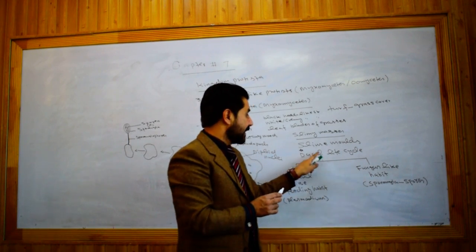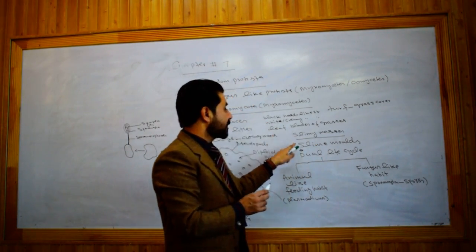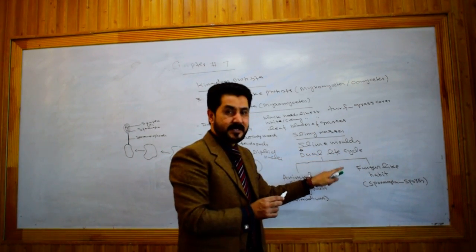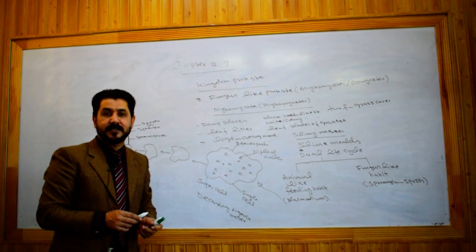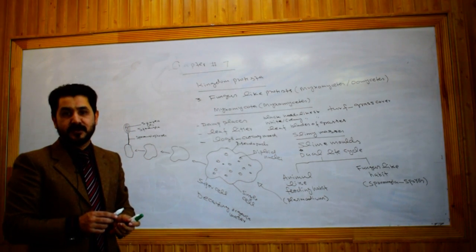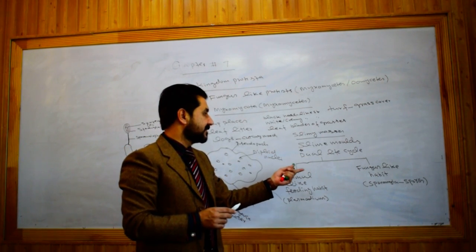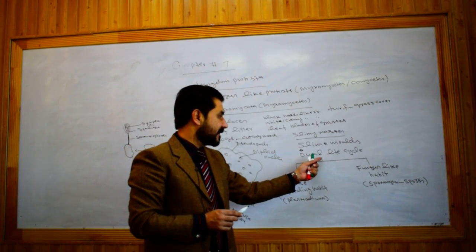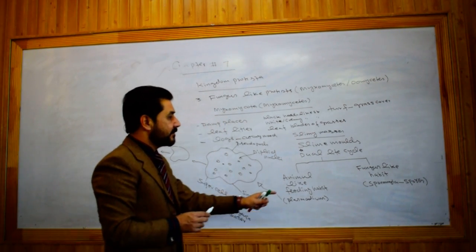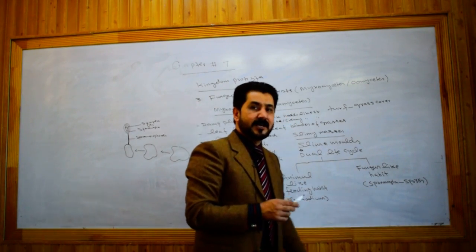That is why we can say that slime molds, the members of myxomycota, show a dual life cycle, and because of this characteristic they are excluded from the true fungi, because true fungi never show this type of habit, that is the dual life cycle. They always produce sporangia and spores for the sake of their reproduction.